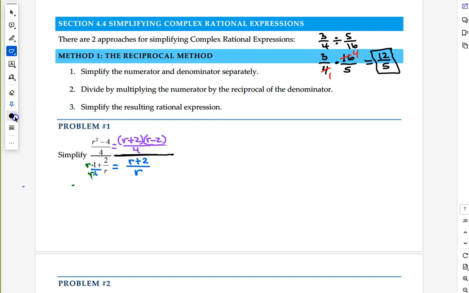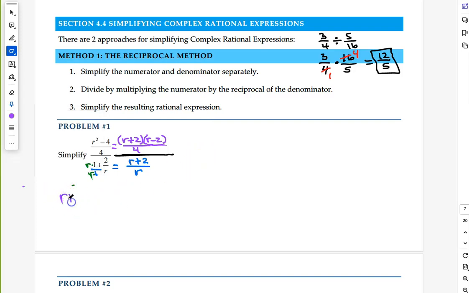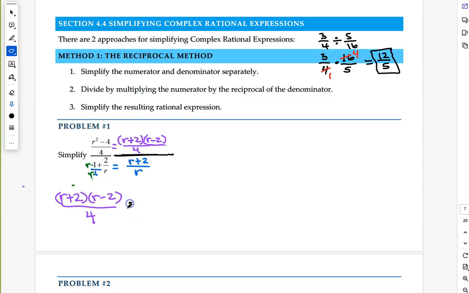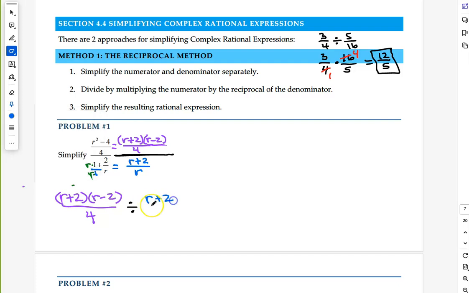Okay, so we could write this out as a division problem, and if that's easier for your brain, then do it that way. So I can write r plus 2 times r minus 2 all over 4, divided by that second part, which is r plus 2 over r.